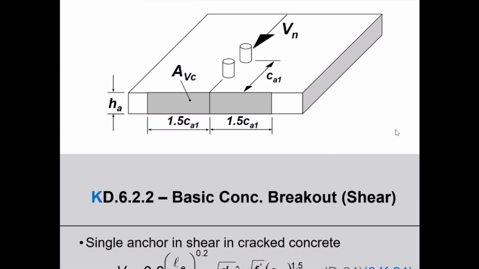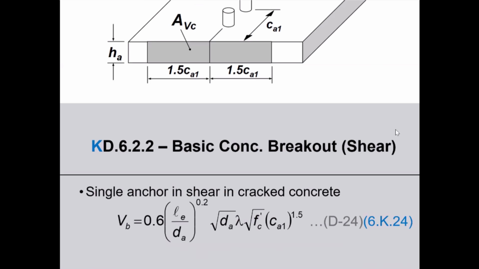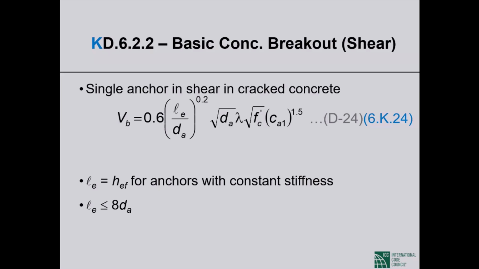The basic breakout strength of a single anchor in shear is given by this expression. This L sub E is the embedment depth for anchors with constant stiffness, but it cannot be taken any larger than 8 times the anchor diameter.